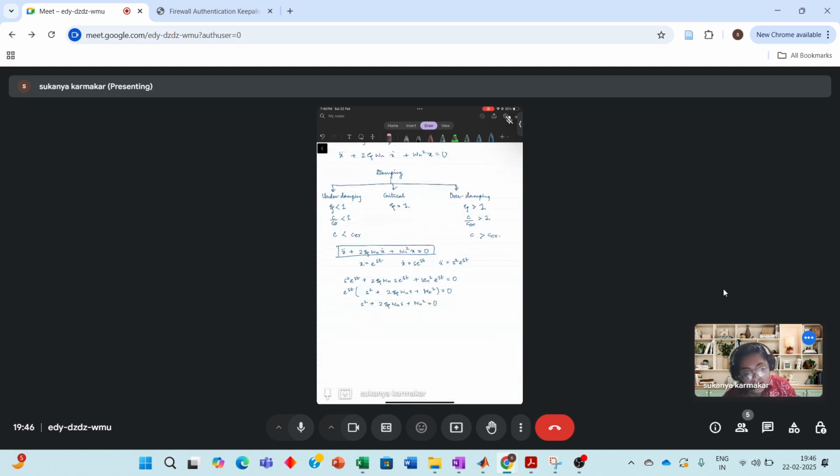So from here, let's consider that the system is overdamped, that is zeta is greater than 1. Since it is a quadratic equation, you can directly write down the roots.